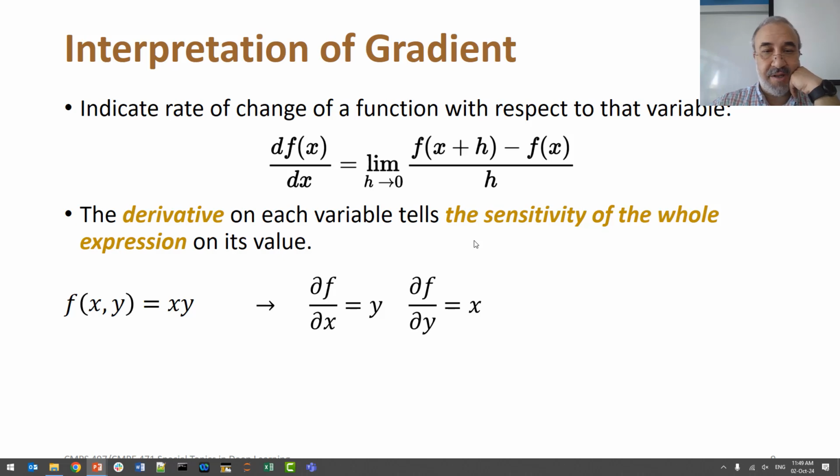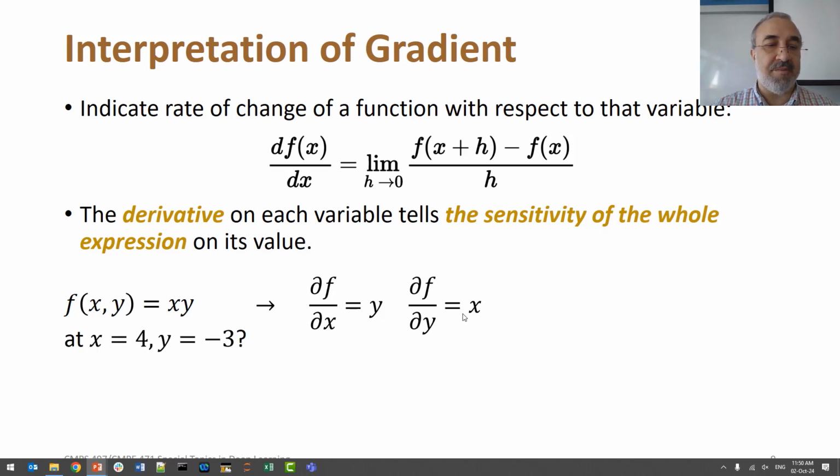It means that if we change x with a small value, the effect on f will be multiplying this small value with y, because the function actually is x times y. If we change x a little bit, then the effect will be y, and vice versa. If we change y a little bit, the effect on the function will be x.